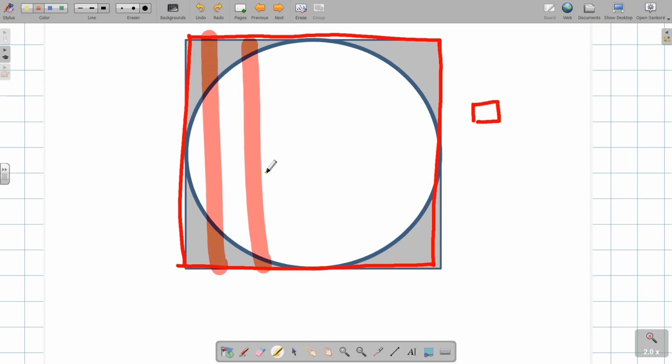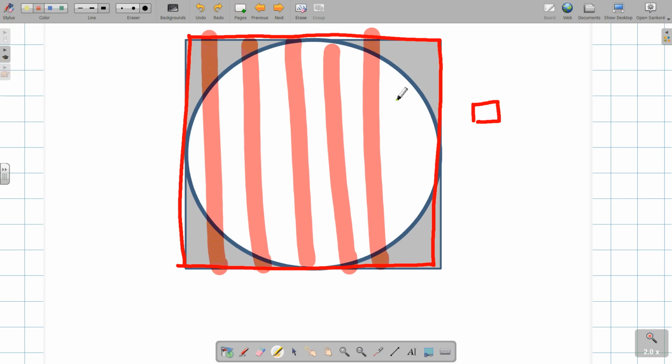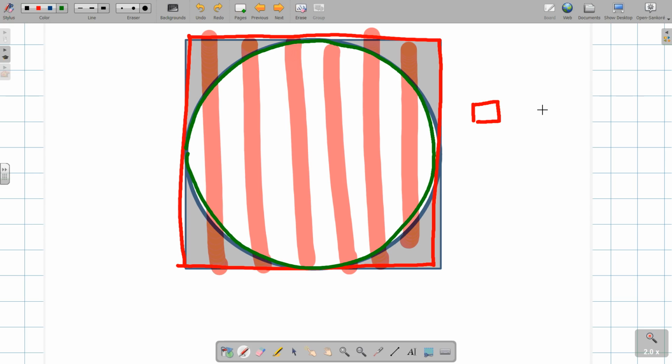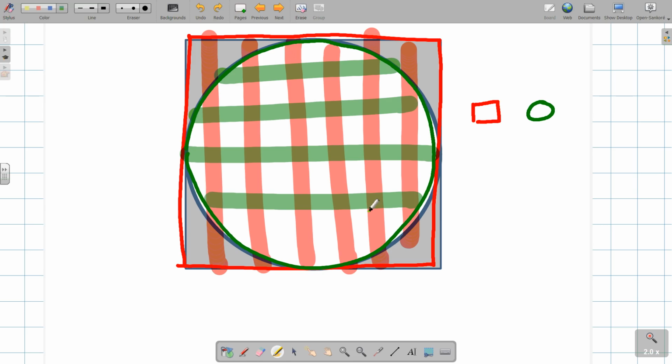We're going to find the area of that square, and then we can find the area of that circle. And then to get the shaded region, you basically subtract. The square is side squared minus pi r squared.